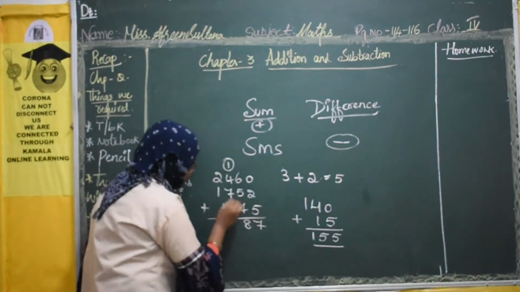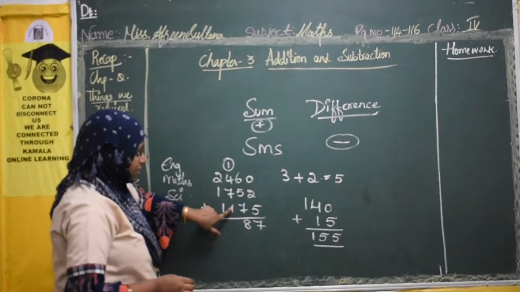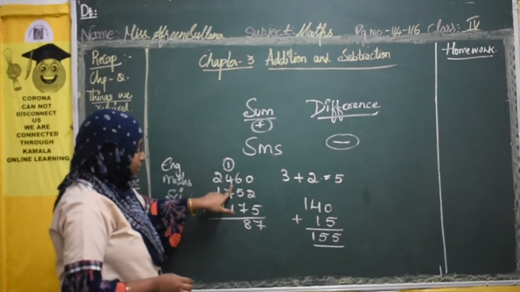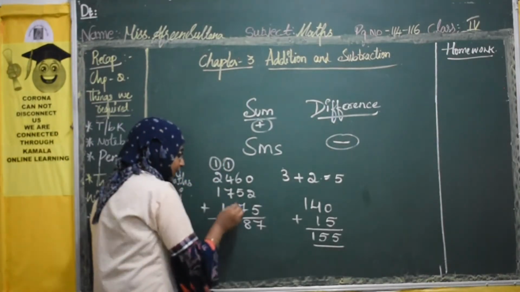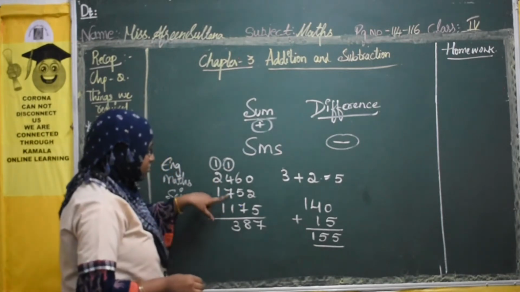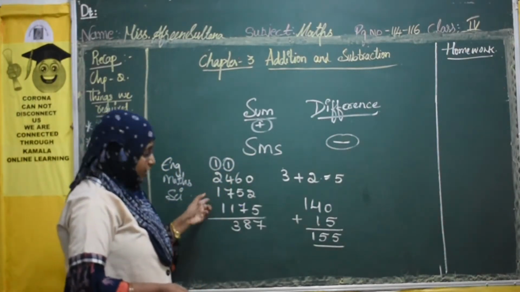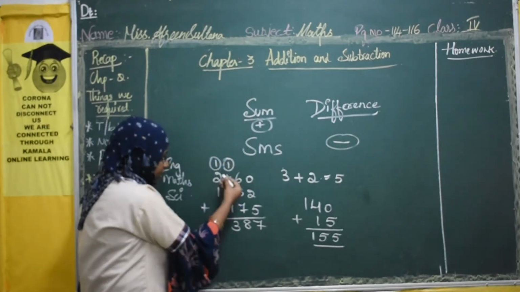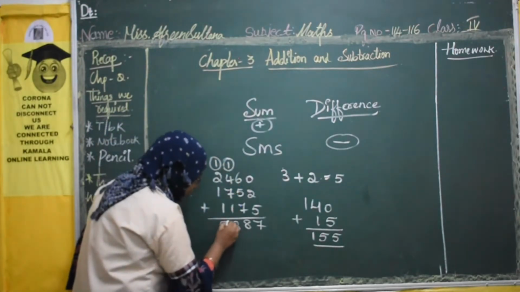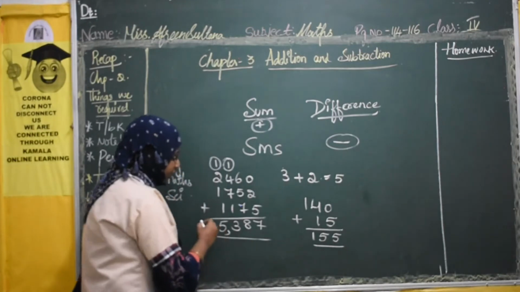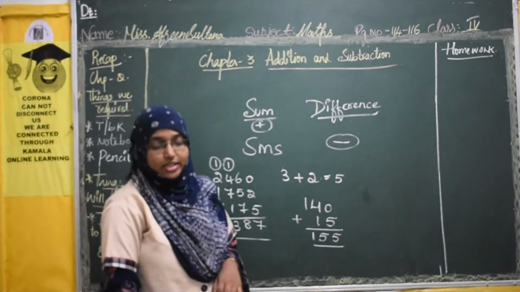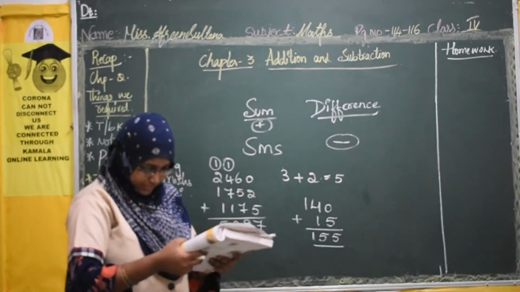Now 7 plus 1, 8. 8 plus 1, 9. 9 plus 4, 13. In addition, if you change the order of the values you will get the same answer. Again 4 plus 1, 5. 5 plus 1, 6. 6 plus 7, 13. So 5,387. How many books are there in total? 5,387 books are there in the library.